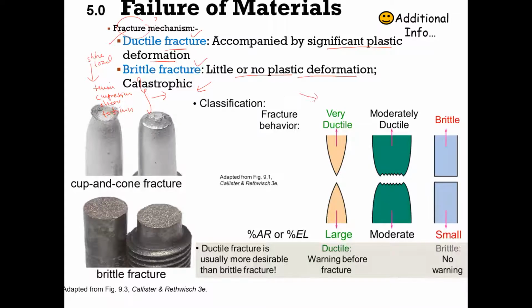Okay, here you can see the difference between three materials, which is very ductile, moderate ductile, and brittle. If let's say it's a moderate ductile, we can have this cup and cone fracture, whereby in this region, in the middle region, we call it a fibrous crack.